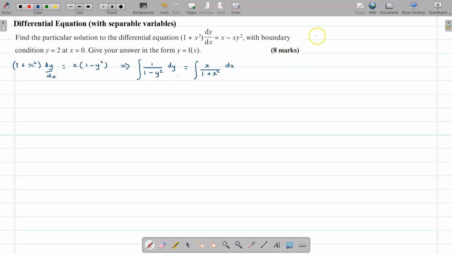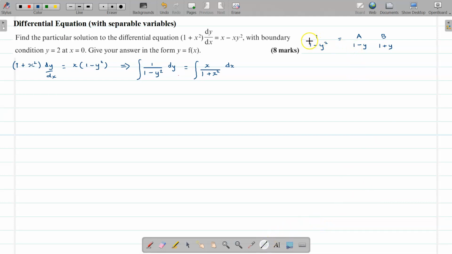I'll do that over here. So this is separating out the partial fractions. We want 1 over 1 minus y squared equal to a over 1 minus y plus b over 1 plus y, and we then set out to find what a and b are.